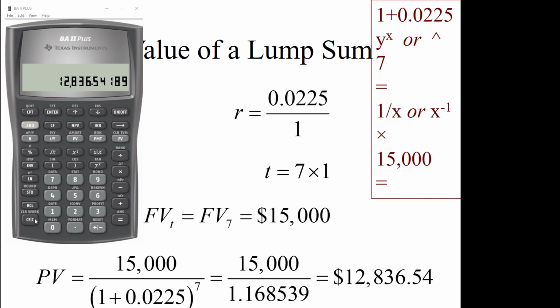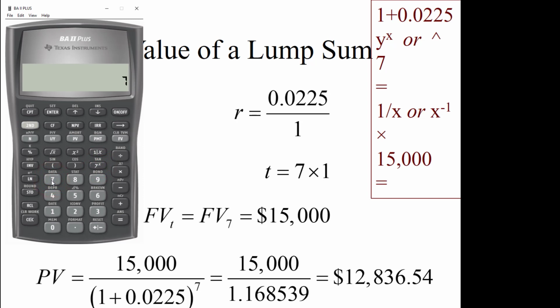And so we might clear the value. And then we want to find 1 divided by the quantity of 1.0225. And we want to raise that to the 7th power. So we hit our YX button. And then we hit 7. And that's going to be the value that's in our denominator.